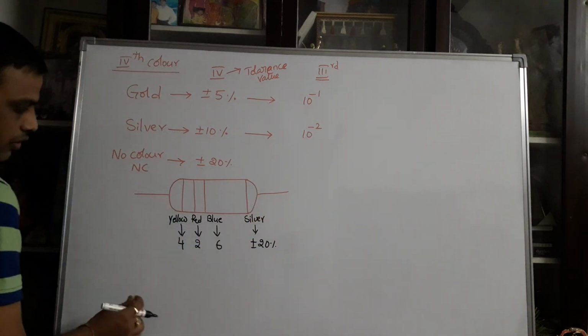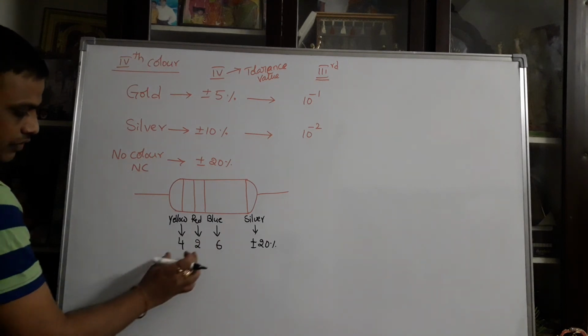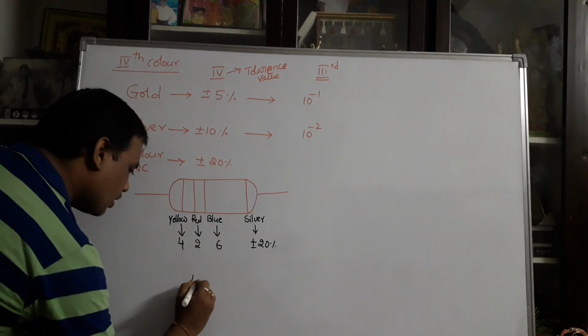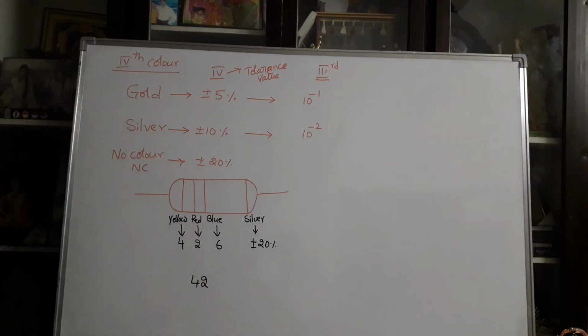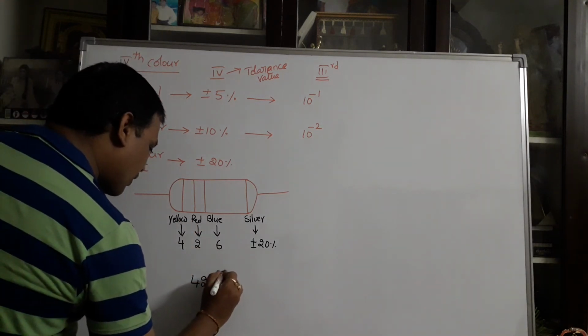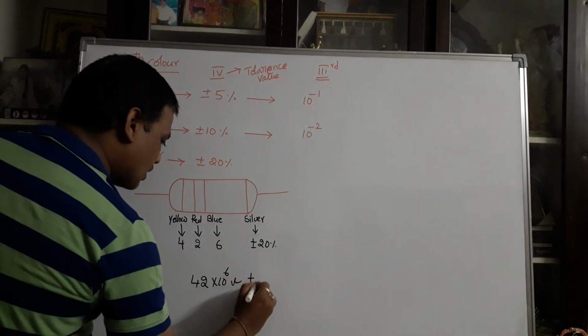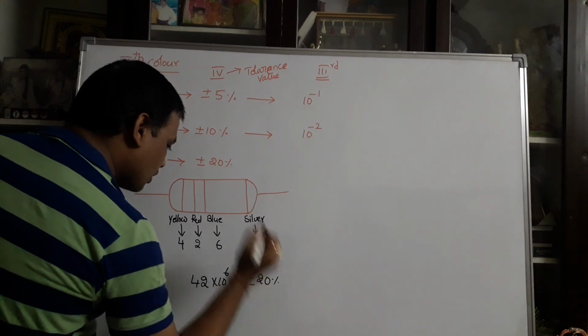First of all, you write the fixed value resistance. Based on these three numbers, the first two numbers are written as a double digit number, that is 42. The third band of color is written as the power of 10. The basic unit is ohms, with plus or minus 20% in the option.